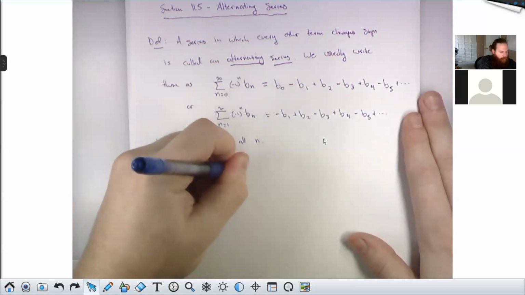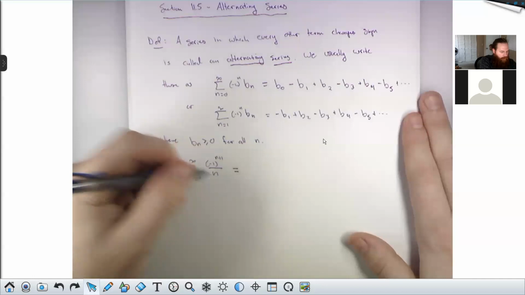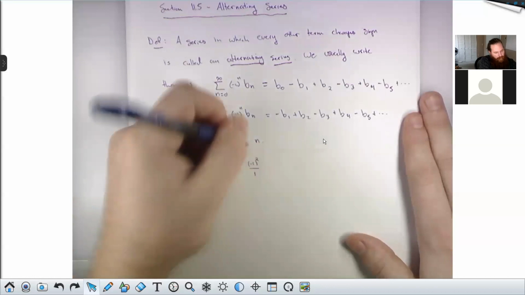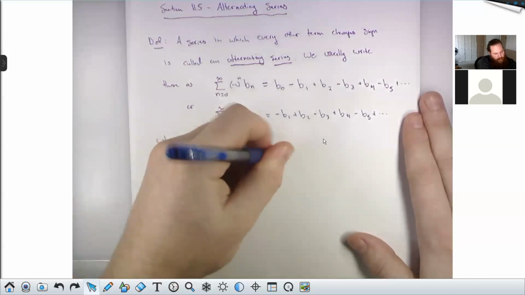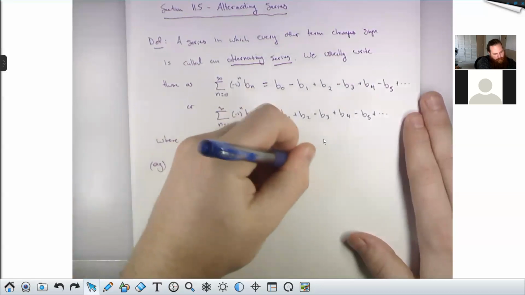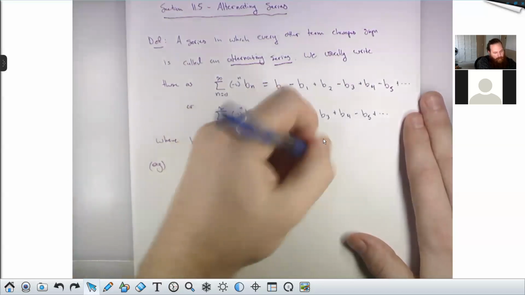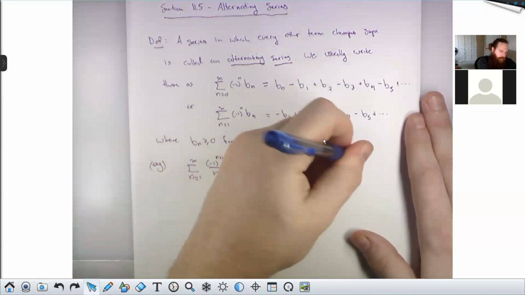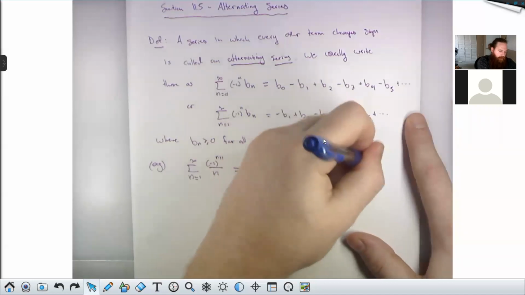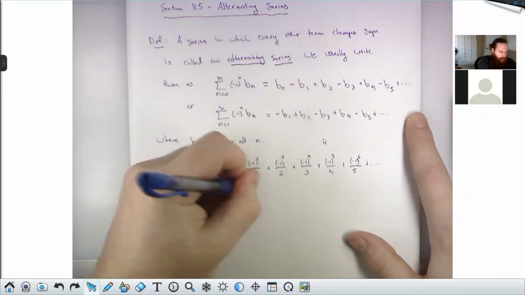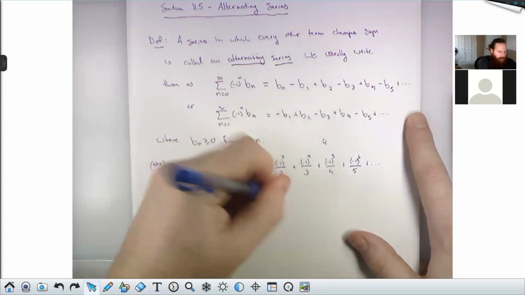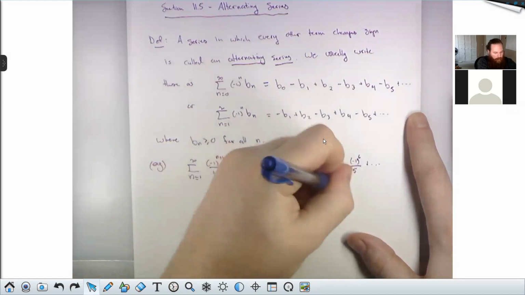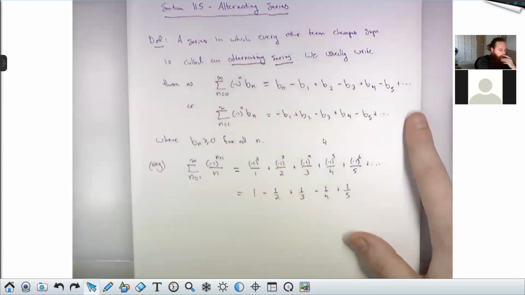Because if you write down the first few terms, when n is 1, you get -1 squared over 1 plus -1 cubed over 2 plus -1 to the 4 over 3 plus -1 to the 5 over 4 plus -1 to the 6 over 5 and so on, which is the same as 1 minus 1/2 plus 1/3 minus 1/4 plus 1/5.